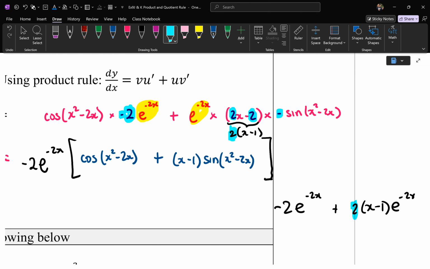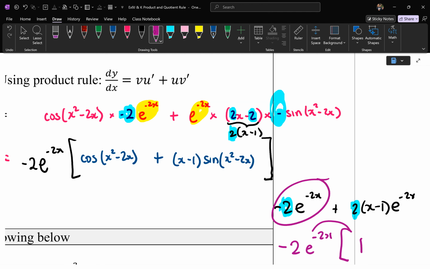I took that 2 and that 2. But notice there's that negative here as well, so that's why I took out negative 2e to the negative 2x. And clearly this would times 1 to get that. And then to get this one, I just needed times, yeah, x minus 1. And that's it.